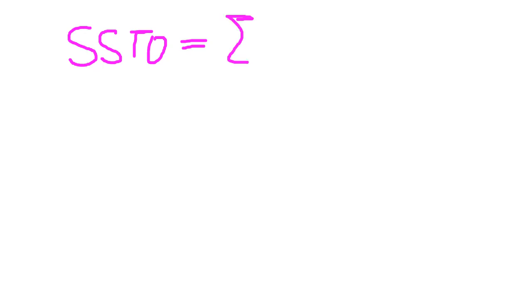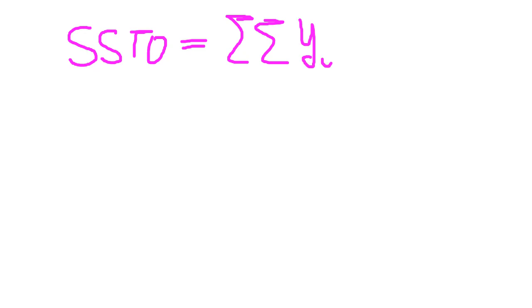Which example? The unbalanced example that we just did, the treatment J5. You want to understand which part? This one of SSTO. Yes, sir.